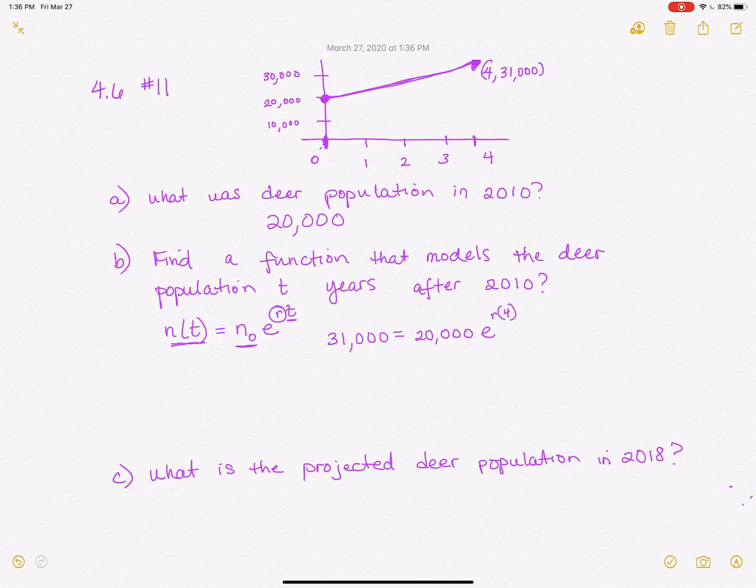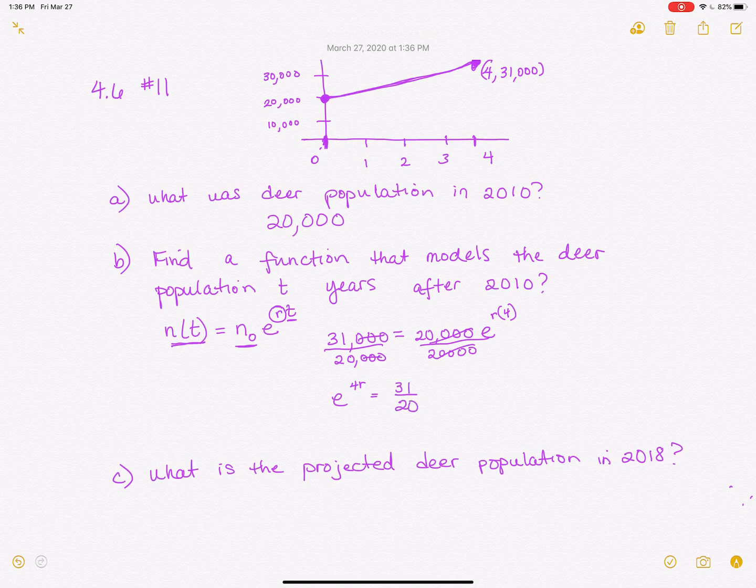Now, in order to solve this, all I need to do is divide by 20,000. And so I know that e raised to the 4r is going to equal, and I'm just going to go ahead and simplify that a little bit, 31 over 20.